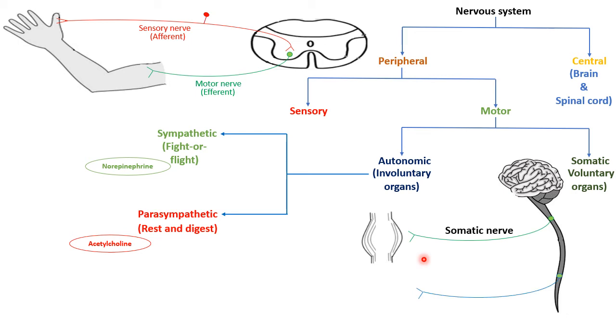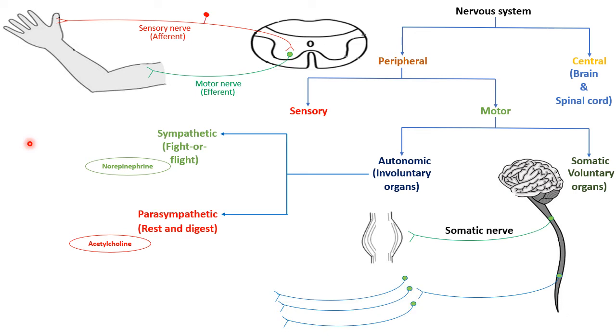This nerve is an autonomic nerve that supplies an involuntary organ. Let's suppose that this involuntary organ is the heart. So this autonomic nerve should go to the heart, but this doesn't happen. First, these autonomic nerves don't innervate the involuntary organs directly.